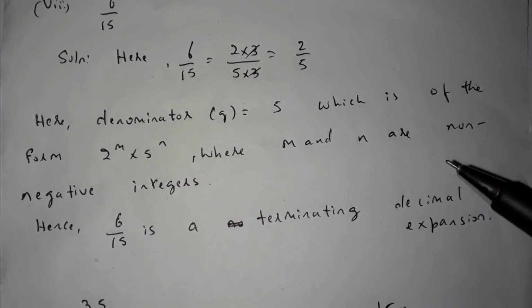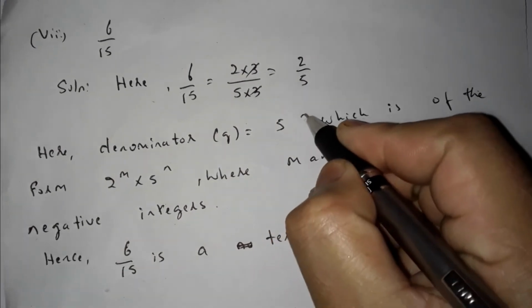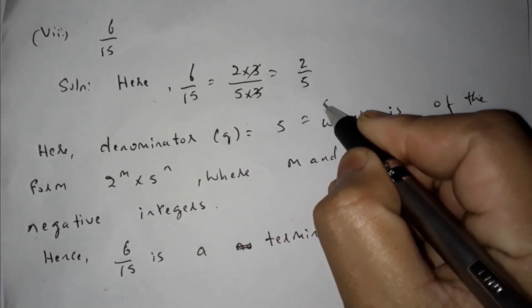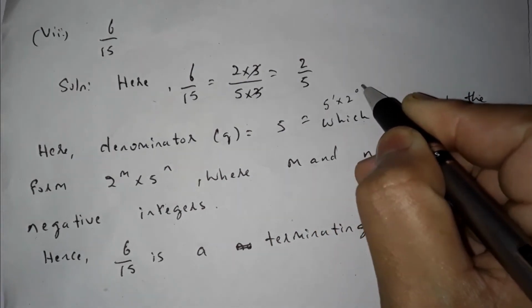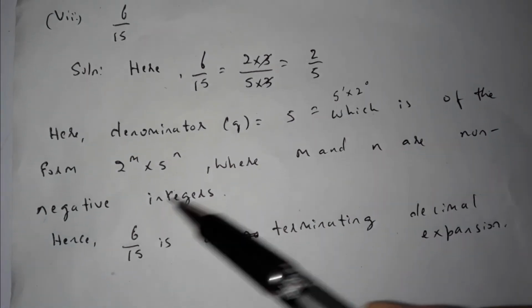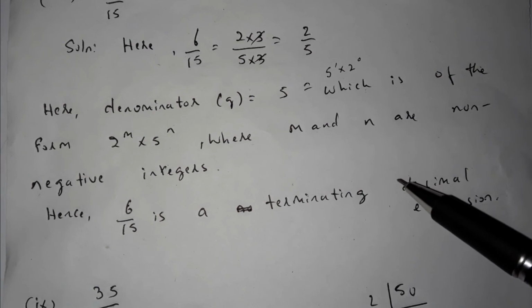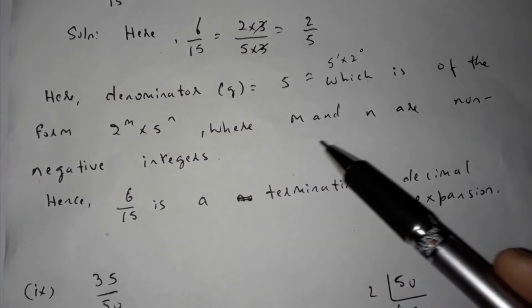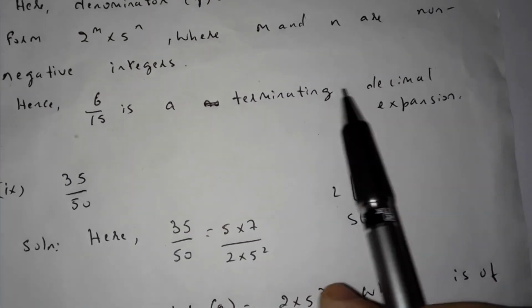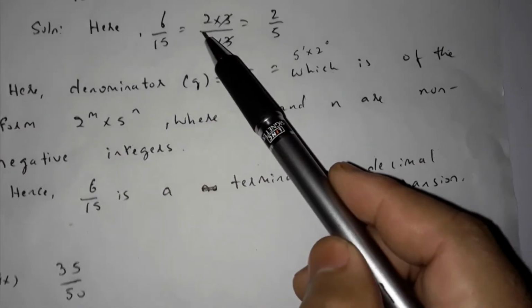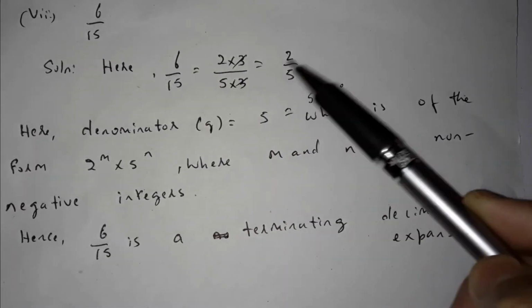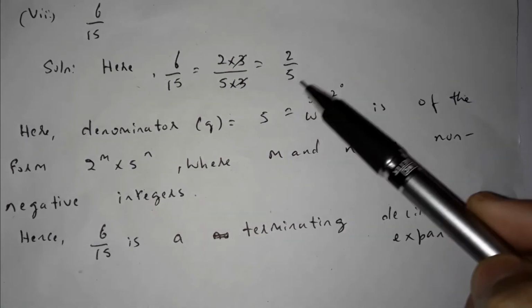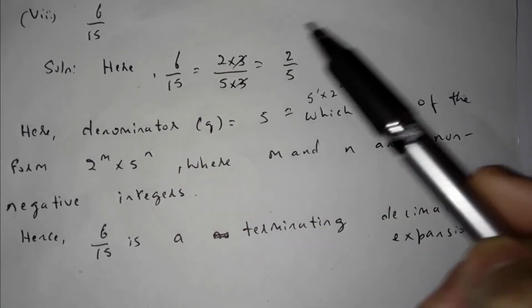You can write this as 5 to the power 1 into 2 to the power 0. So this is a terminating decimal expansion. Remember, if you can cancel first, cancel and then calculate. Cancel the numbers that you can.